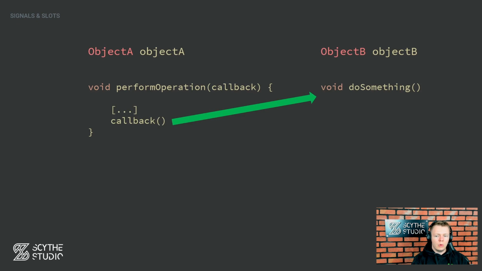To do so, we would need to execute a callback that would have to be passed as the method parameter, or registered in some other way. It may work fine, but in the long term, such code is quite difficult to read and easy to break. Also, debugging such chains of callbacks can be an issue.